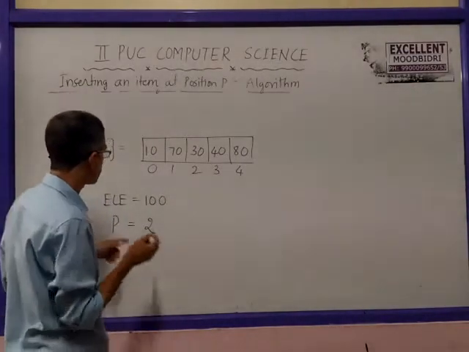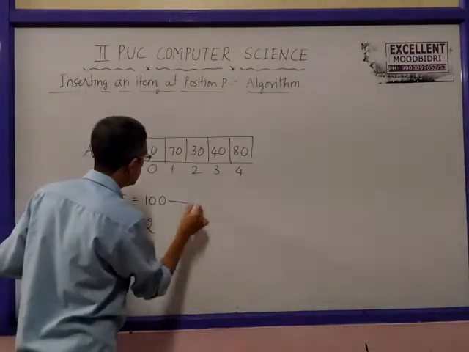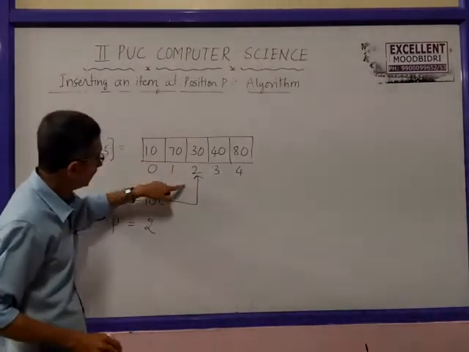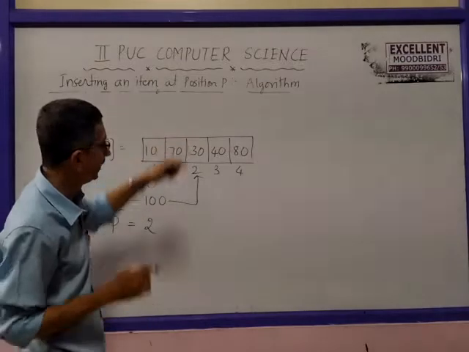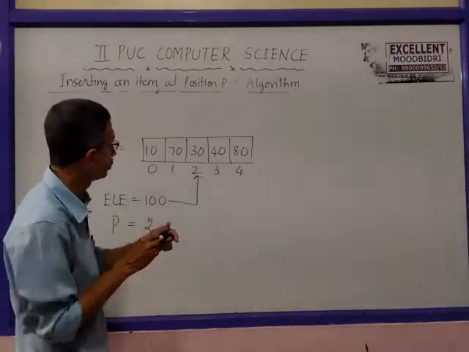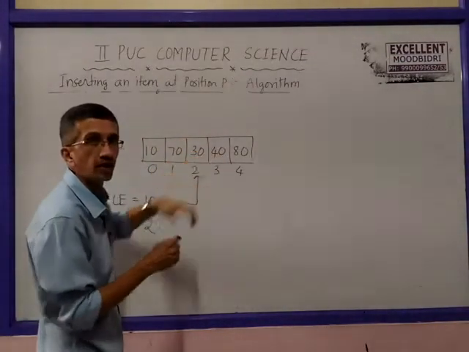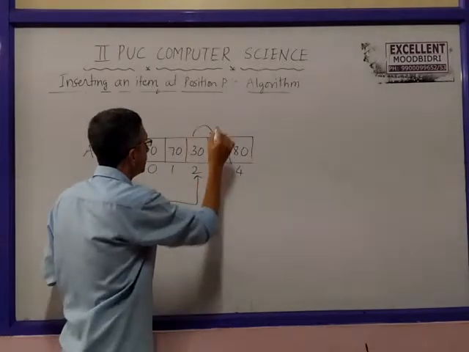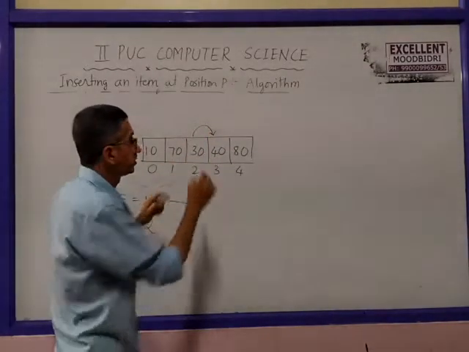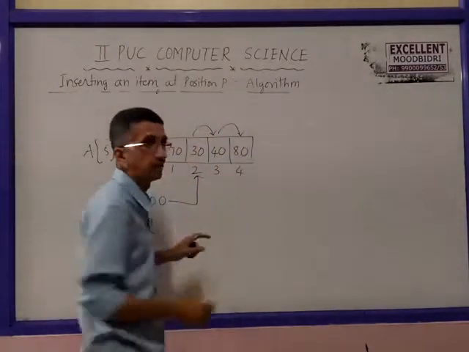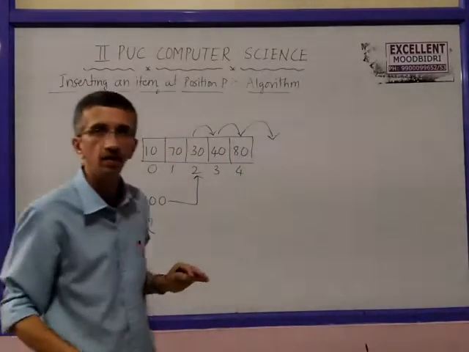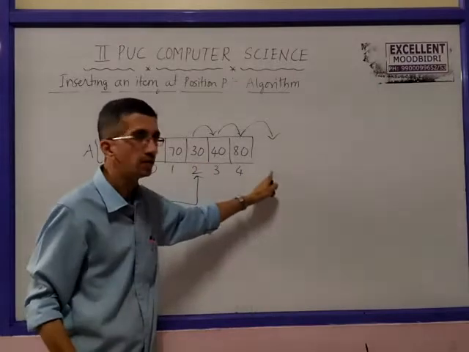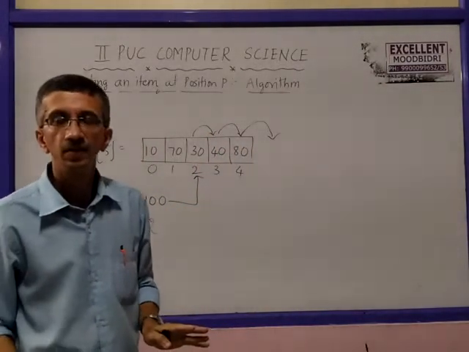That means when the item 100 is assigned to index position 2, the already available item 30 has to be shifted to the next location. Item 40 has to be shifted to the next location, and item 80 has to be moved to a new location, correct?